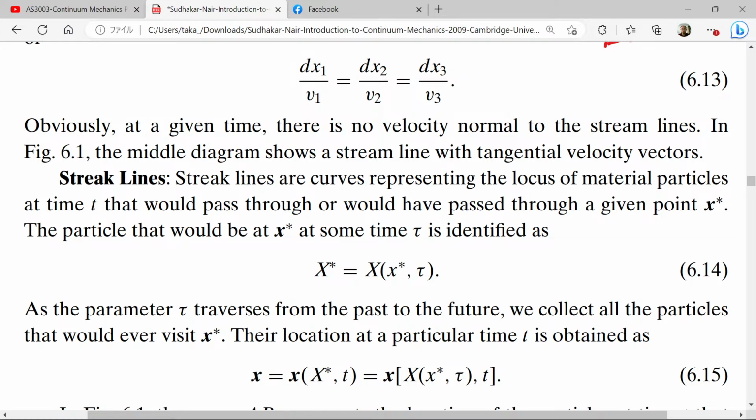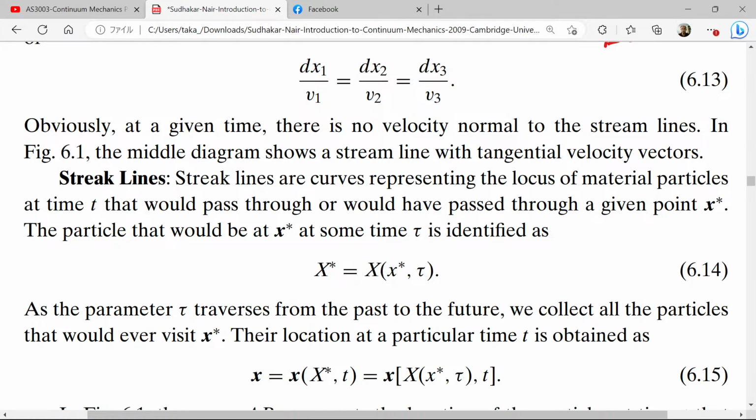The particle that will be at x star at some time tau is identified as... As the parameter tau traverses from the past to the future, we collect all the particles that would ever visit x star.